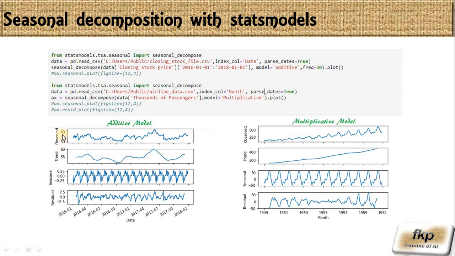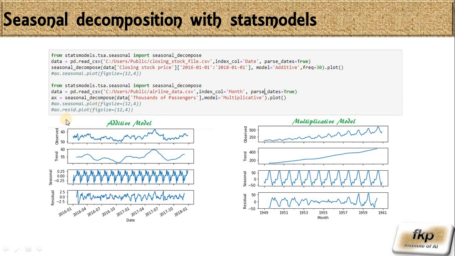This is the observed time series, this is the trend component, this is the seasonal component, and this is the residual component. It's up to you how you decide. I feel this one is an additive model, because it doesn't have much change in the seasonal component or in the residual component. In the residual component there are some changes, but they are almost in a negligible interval, like 0.25 to -2.5.